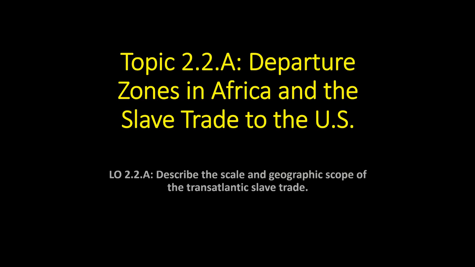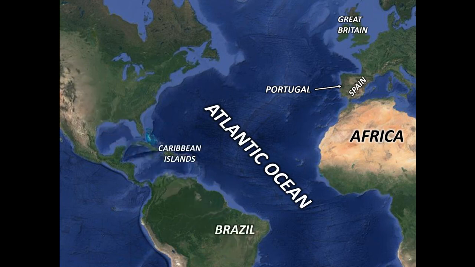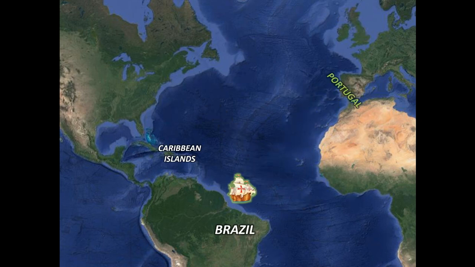Africans were being taken. So, first, just to explain a couple of helpful geographical terms, when we say the Americas, we're talking about the continents of North and South America and everything in between. That includes the islands of the Caribbean Sea, as well as the country of Brazil, which was the only Portuguese colony on this side of the Atlantic Ocean.